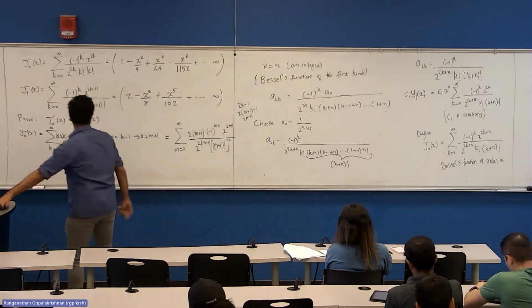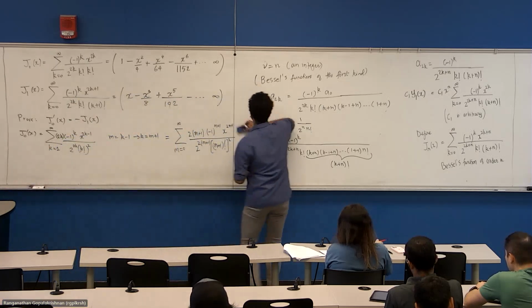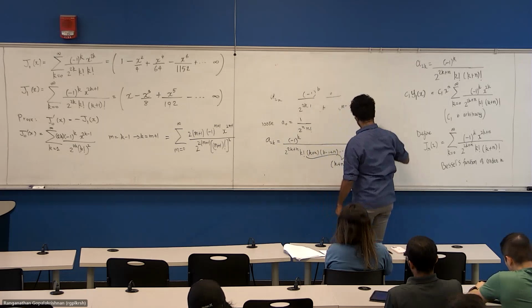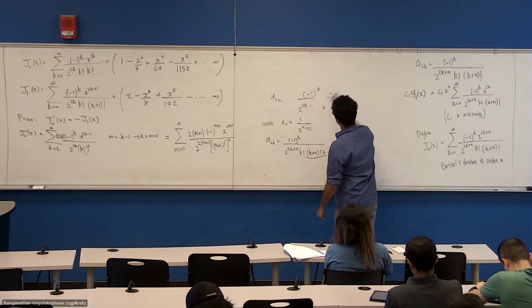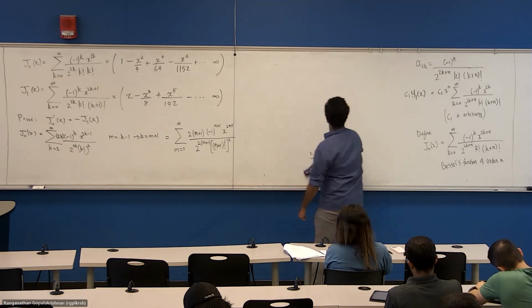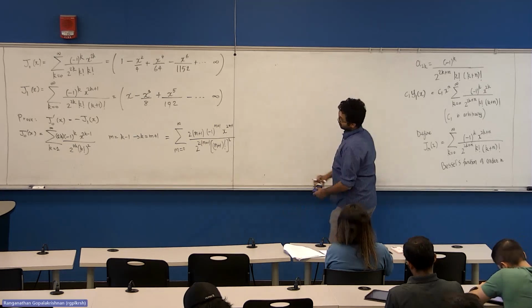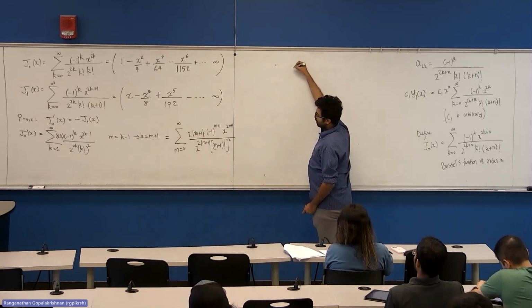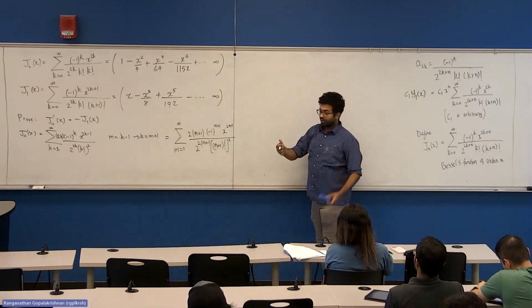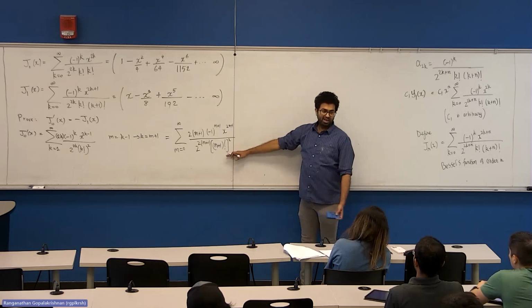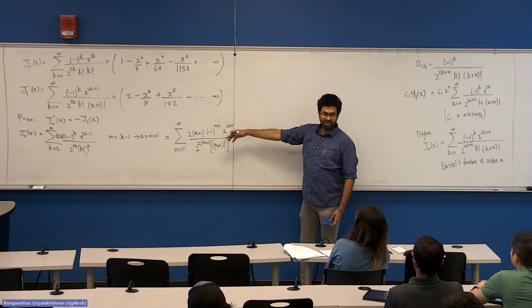How would you do that? I mean, you see this and you see this, you see a lot of similarities. What I would suggest doing first is stop calling it m. Call it k again, so that it's easy for you to pick out the similarity.